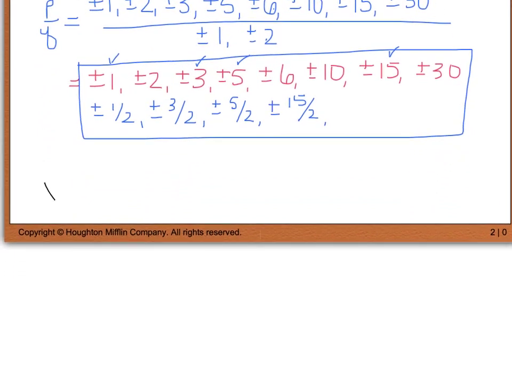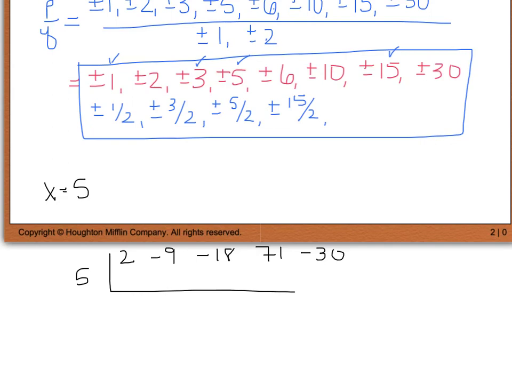Now on my calculator, I just see that I have a 0 at x equals 5. So I'm going to do synthetic division. I'm going to bring my 5 out up front, and I have 2, -9, -18, positive 71, and a -30.